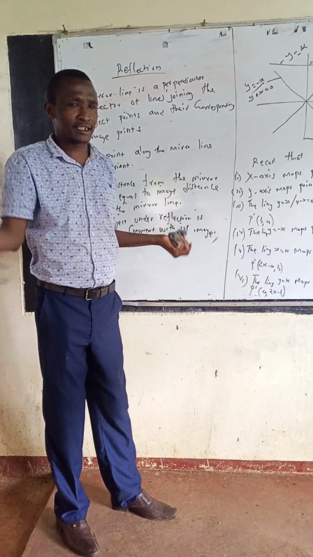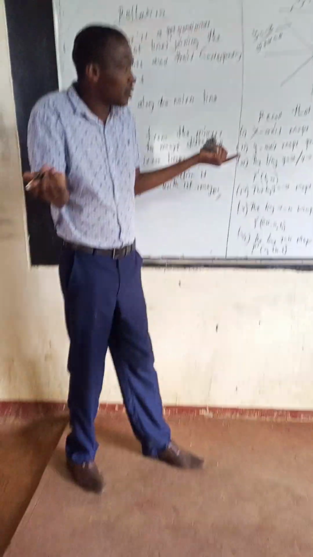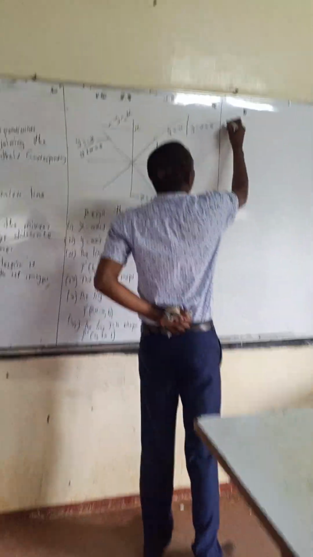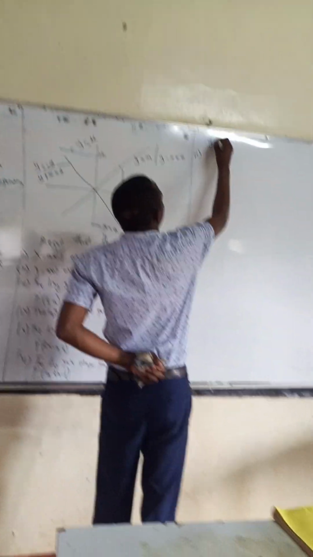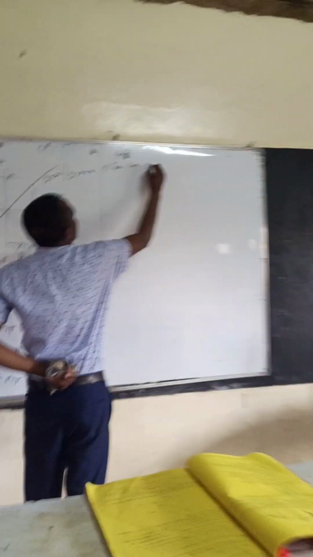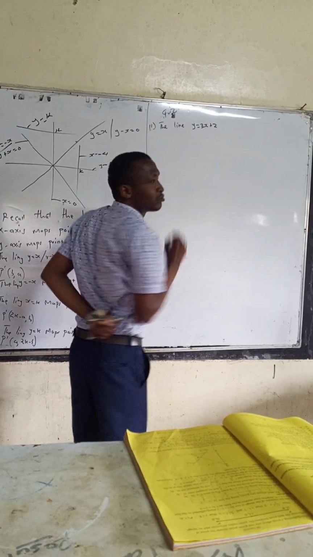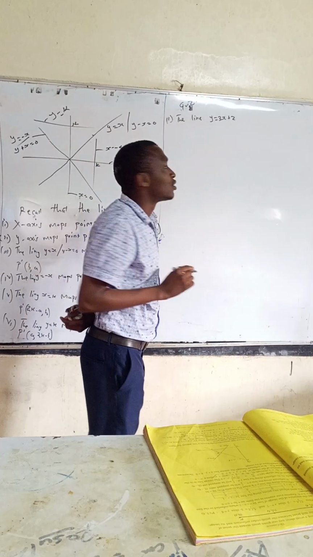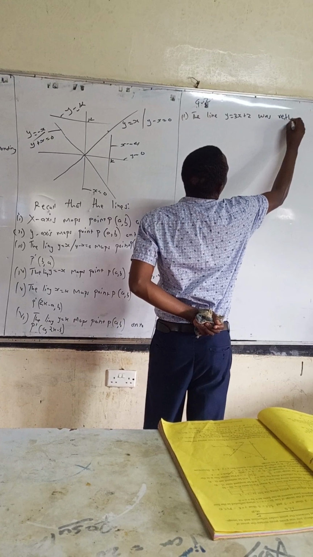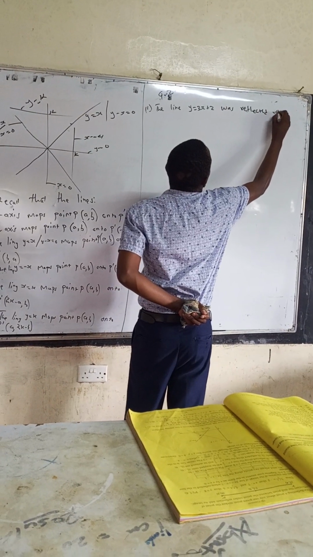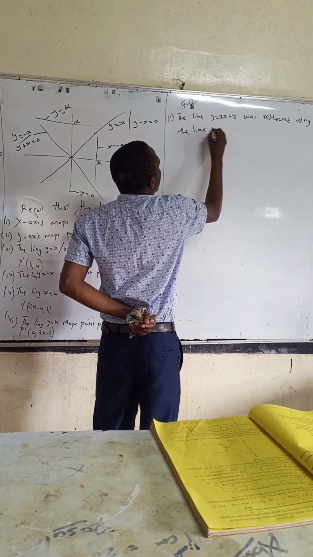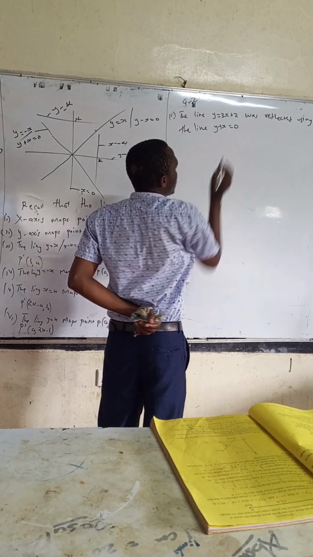Maybe I can pick one of the examples, or I can just give you a question. I can say, question number 1. The line y is equal to 3x plus 2 was reflected using the line y plus x equals 0.